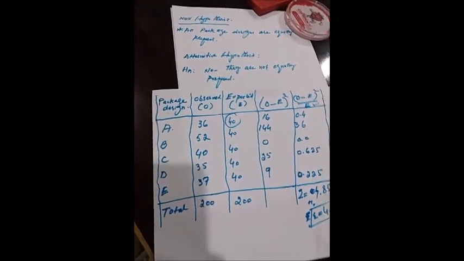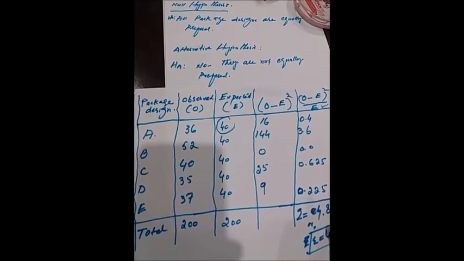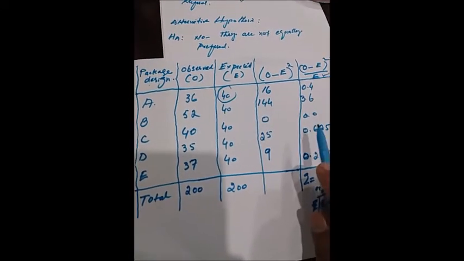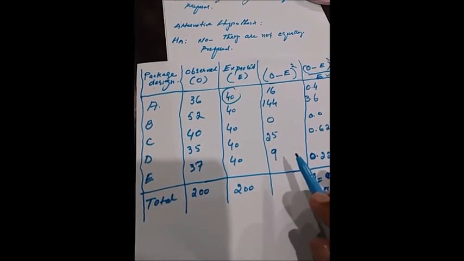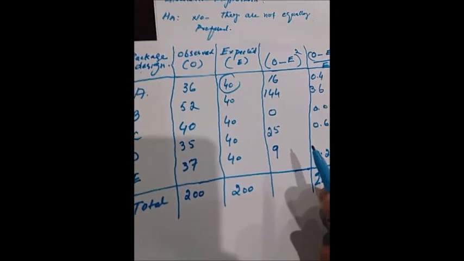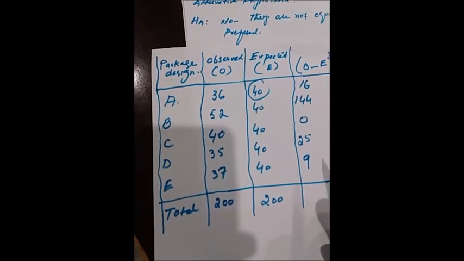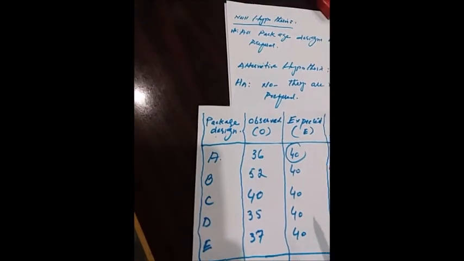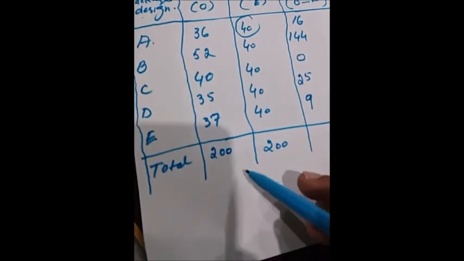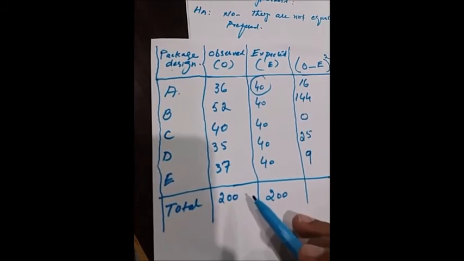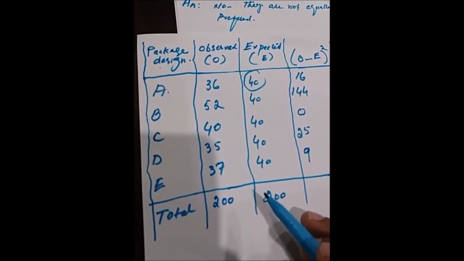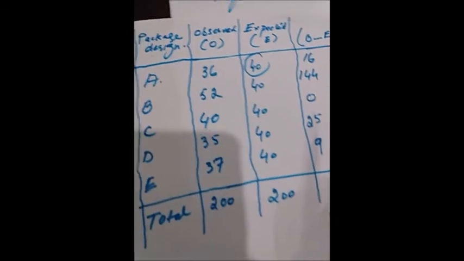So now the decision rule. We tested the two hypotheses, null and alternative, and solved the problem regarding consumer preferences. After collecting data from 200 consumers regarding the package designs, we have 5 kinds of package designs, A, B, C, D, E, and the consumer responses are 36, 52, 40, 35, 37, a total of 200 consumer responses recorded through this study, and our expected values are 40 each.